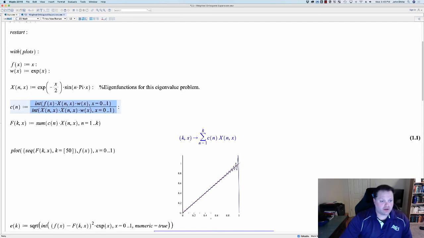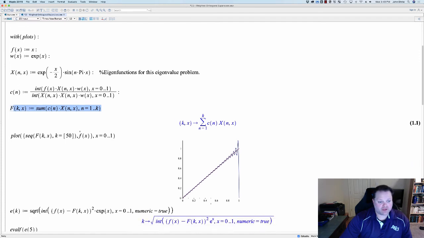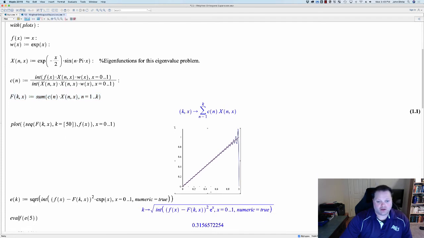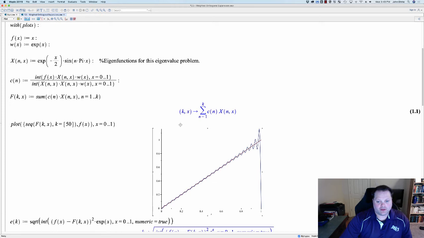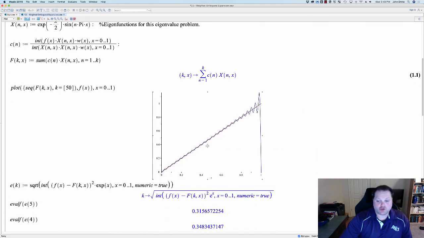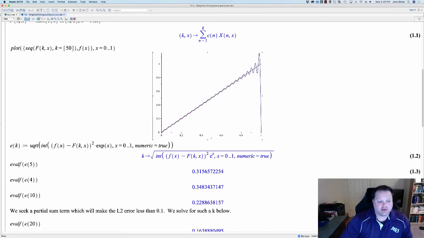I simply coded the coefficients, formed the partial sum of the representation, and it all turned out looking really good. So this is our try at representing the function f of x equal to x on the interval from 0 to 1 in terms of these new eigenfunctions. And here we have the L2 error. So this is the weighted L2 error because I'm multiplying by e to the x.